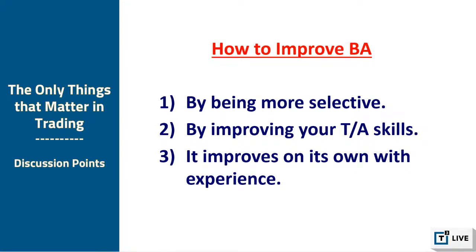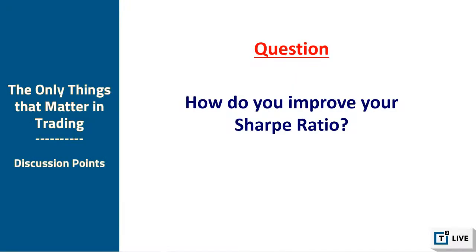And if that strategy is profitable, then you want to take every trade that shows up that substantially meets the requirements of that strategy, whether you like it or not. Almost. All right. Question for you. How do you improve your Sharpe ratio?